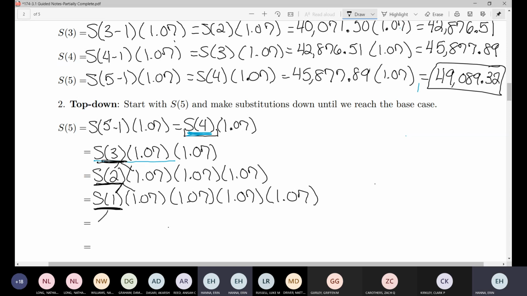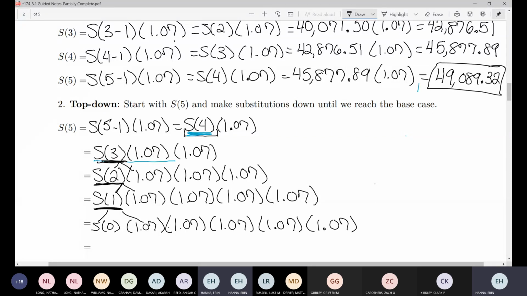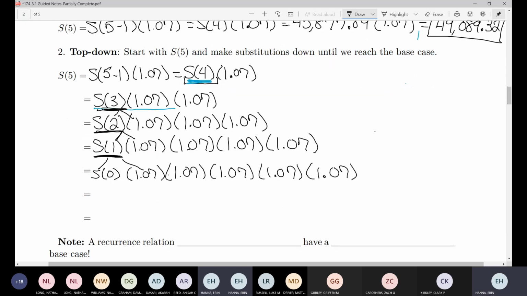This S of 1 becomes S of 0 times 1.07 times those 4 1.07s that were already there. Is that enough? That one, 1, 2, 3, yeah.